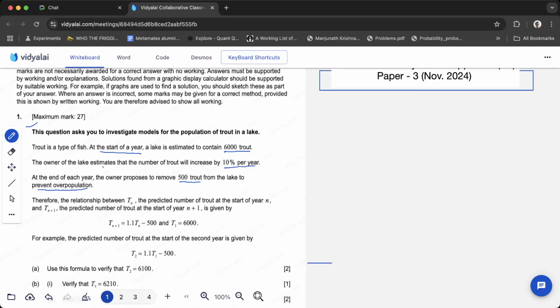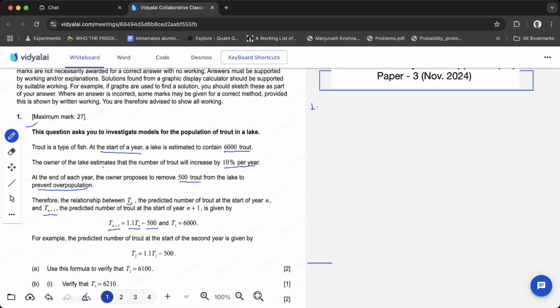Therefore, the relation between Tn, the predicted number of trout at the start of year n, and Tn+1, the same at the start of year n+1, is given by Tn+1 = 1.1 Tn - 500.